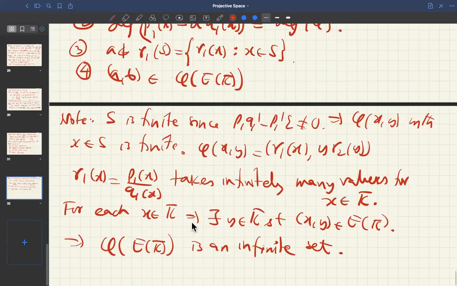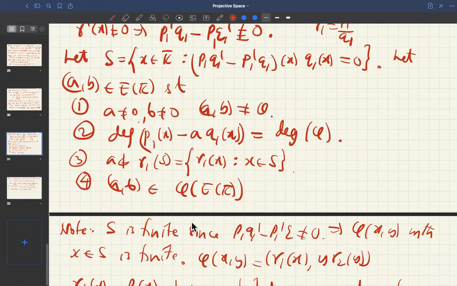And since ek bar is an infinite set, now you go to AB. There can be at most finitely many AB which don't satisfy this. So now this comes to one of your questions.